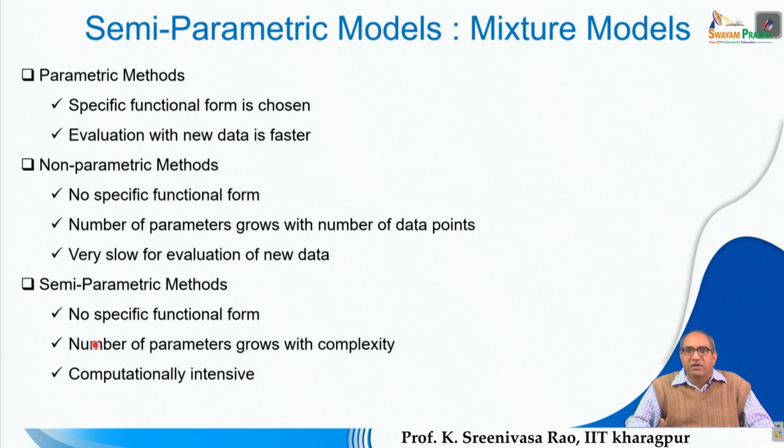For example, assume a hilly surface which is very irregular, and you try to model that hilly surface. In a semi-parametric approach, wherever you have peaks in the hill, we try to impose Gaussians over there.